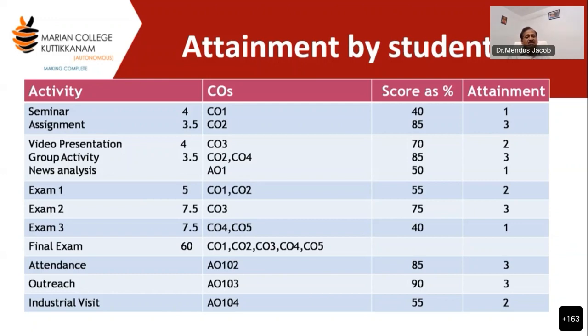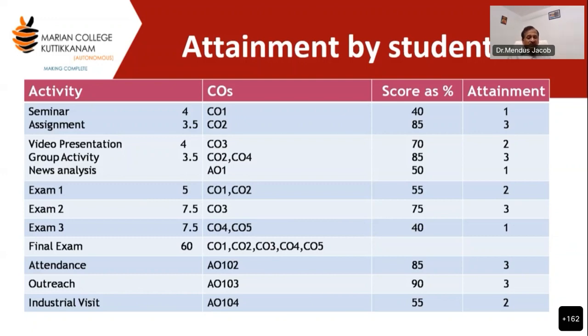Then suppose for assignment, the student is getting 85% marks. So it comes to the highest level, that means 70 to 100%, so the attainment level is 3. Similarly, for each and every activity or assessment, the student's score is shown in the 3rd column.